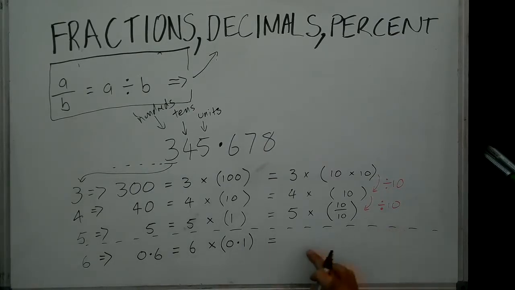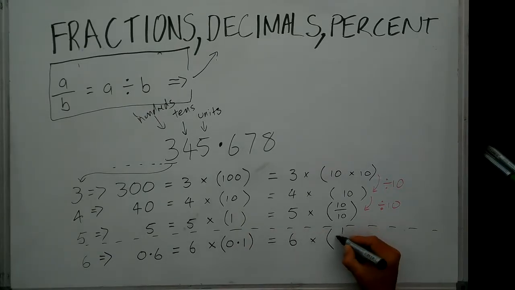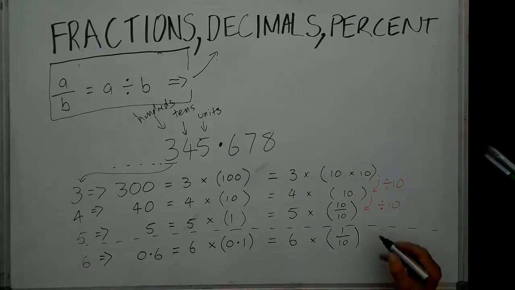And if we're starting with 1 and we're dividing by 10, I can write that as 6 times 1 on 10. So that we're just dividing by 10 again.